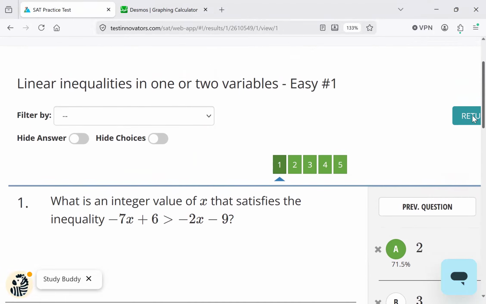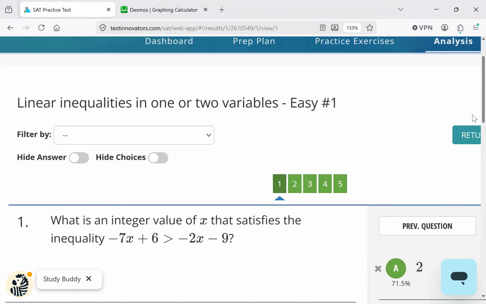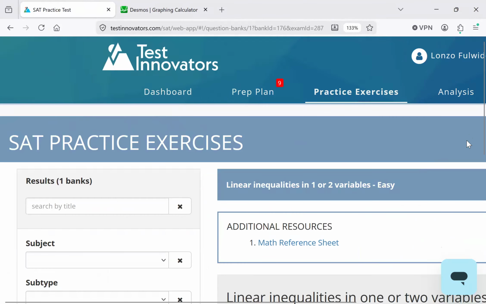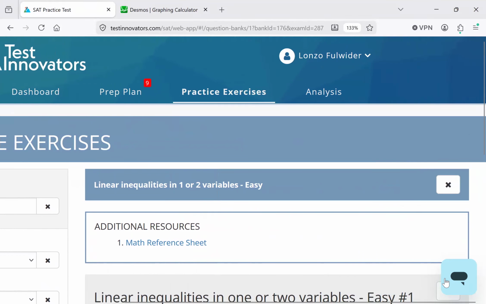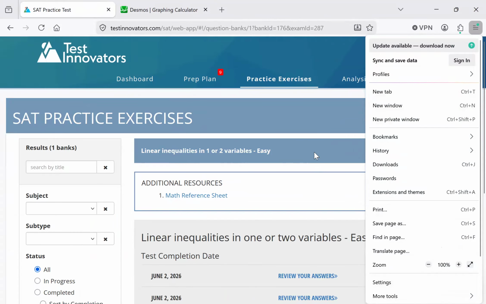Okay, so it looks like we got all of them right. So there's a second part, so let me go over that. Let me see if I can zoom out. I'm zoomed in a bit.